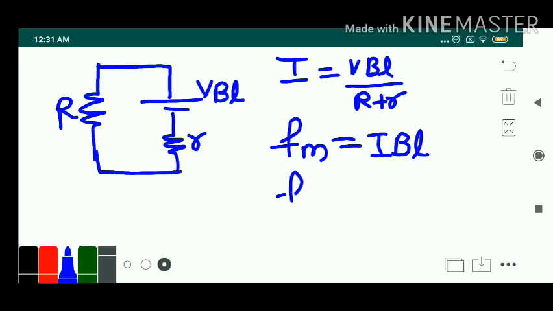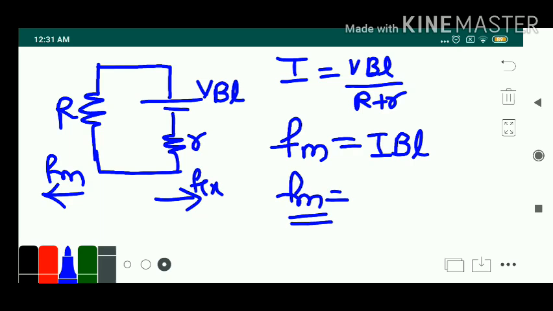Now Fm can also have an equation. What was the direction of Fm? It was in this direction. What was the external applied force? This would be the Fm, this was the F external, remember? And this Fm is equal to mass of the rod into the deceleration. The deceleration, because it is in the opposite direction, the rod is actually moving in this direction, right? So this direction will be decelerated.